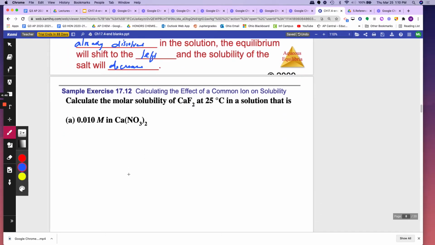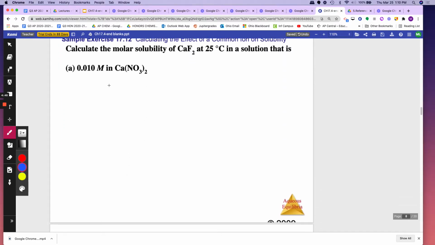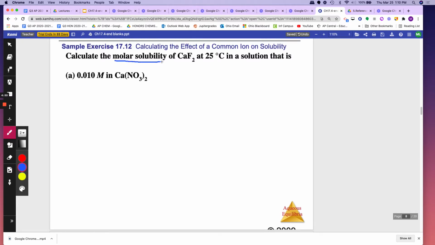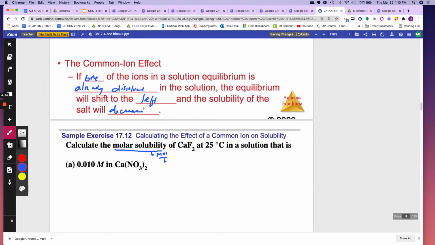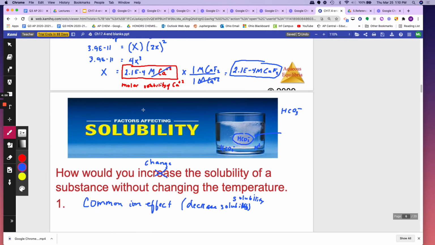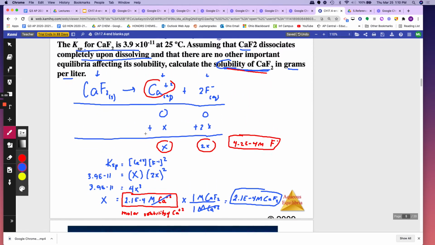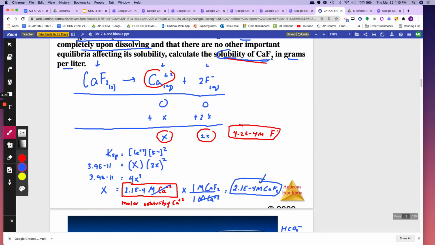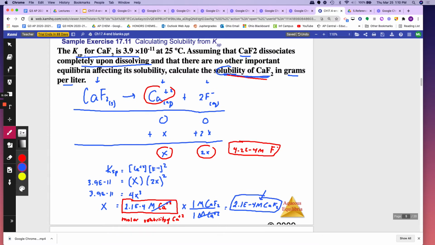Okay, so let's go ahead and do a problem. Calculate the molar solubility. So here they want moles per liter. You know what I remember? I remember I did this problem incorrectly here. I gave you the molar solubility here, but they didn't want molar solubility. They wanted grams per liter, which is no problem.